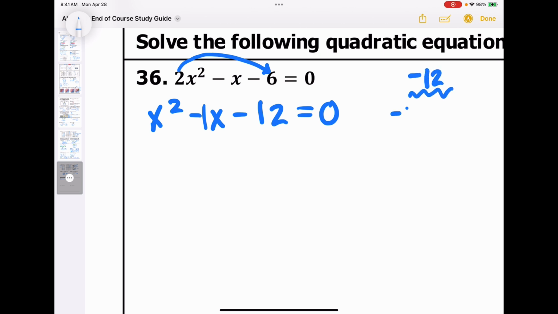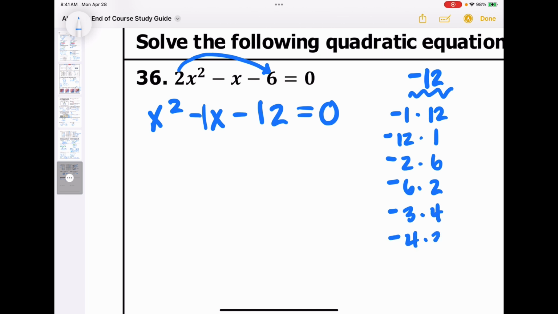So that would be -1 and 12, -12 and 1, -2 and 6, -6 and 2, -3 and 4, -4 and 3. All right, so out of that list, now I need to figure out which ones add together to give me a -1, which is going to be -4 and 3.